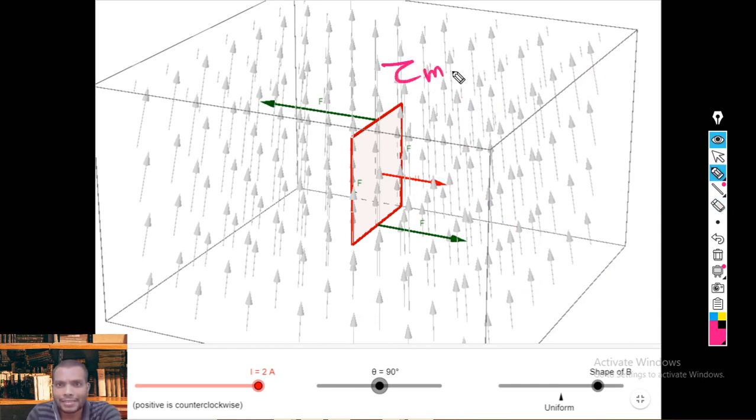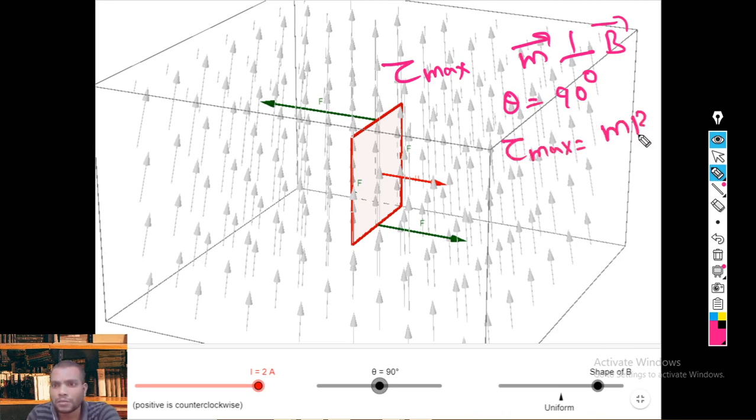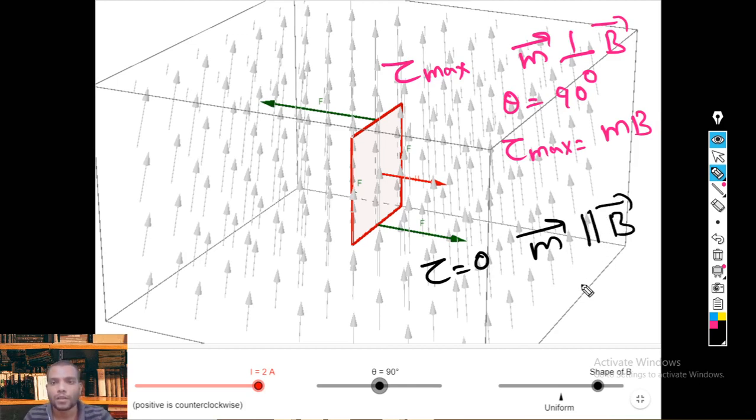In this case theta equals 90 degrees, and tau max equals m times b. In another case, tau equals 0 when the magnetic moment m bar is parallel to the magnetic field b bar. In this case theta equals 0 degrees, sin 0 is 0, and tau has its minimum value of 0.